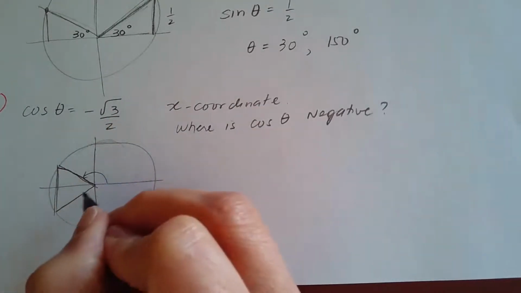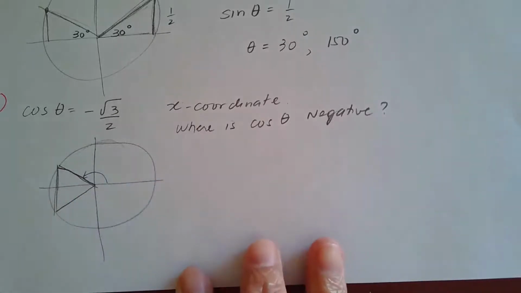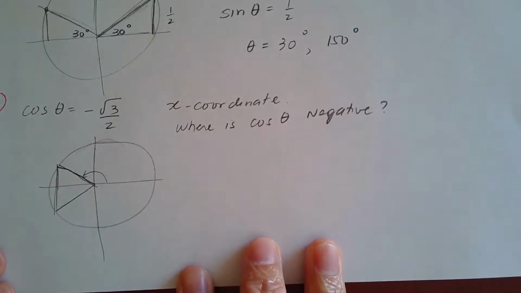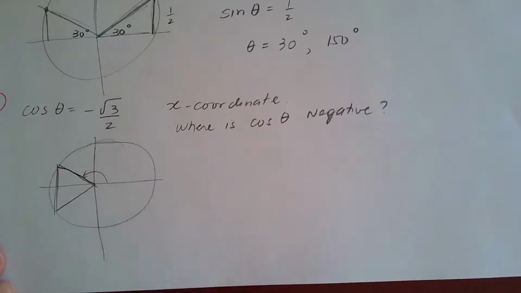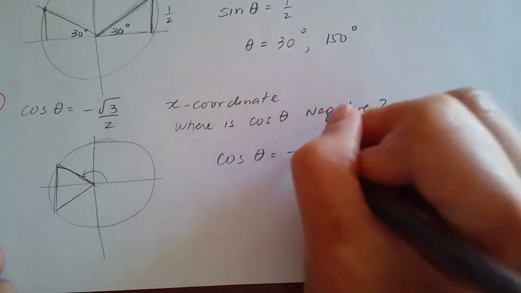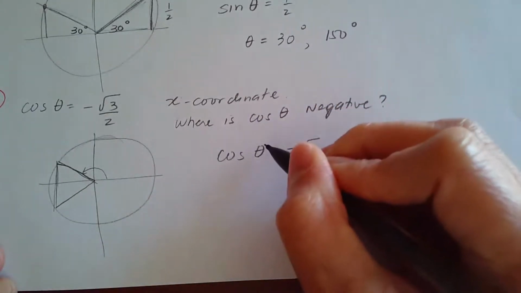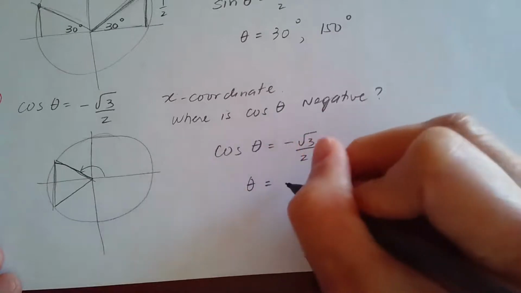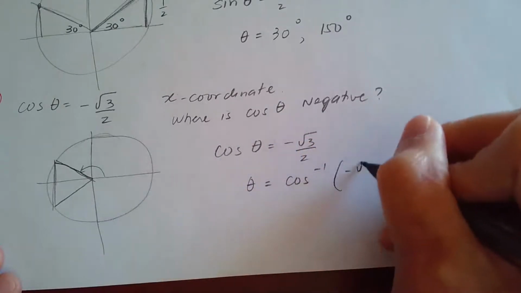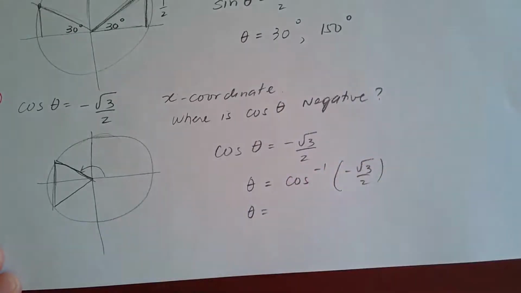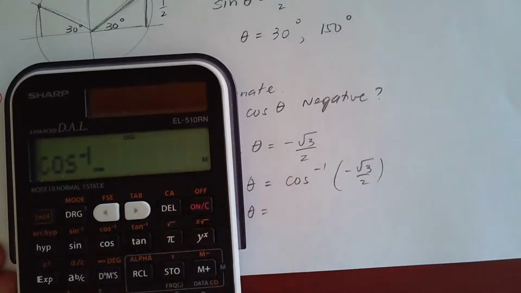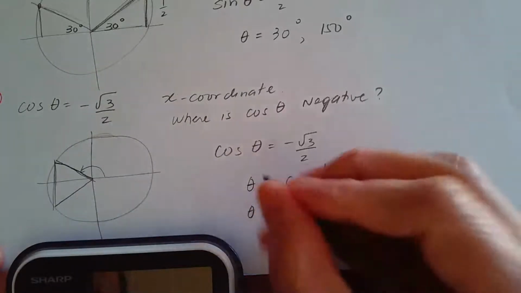How big is that angle right there? If you put that onto your calculator, cos theta is equal to negative root 3 over 2, and we solve for theta: cos inverse of negative root 3 over 2, and you're going to get 150 degrees.